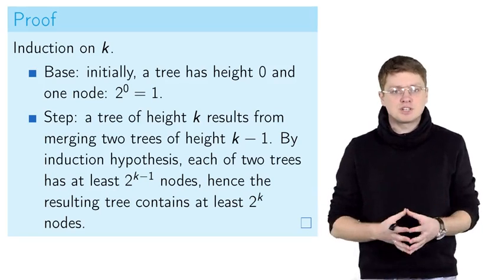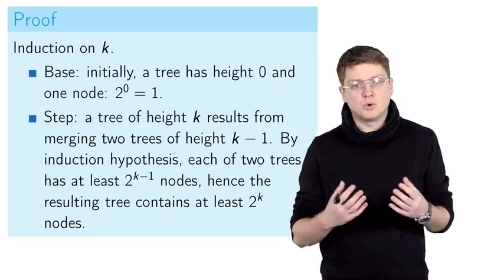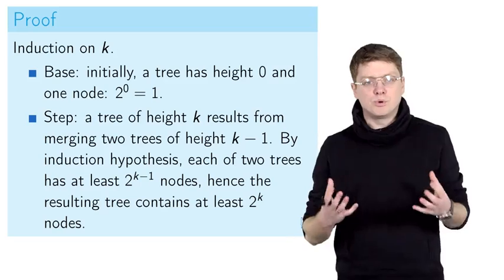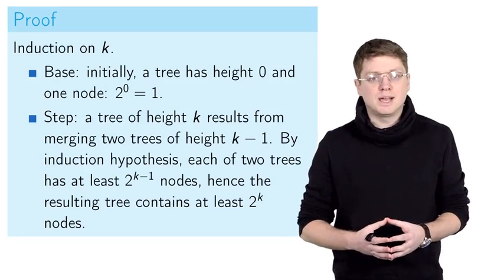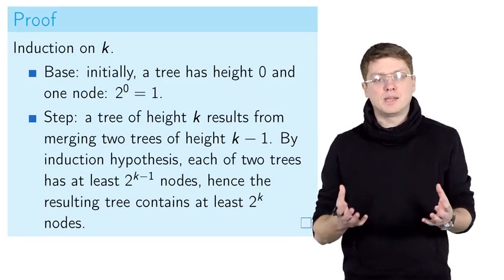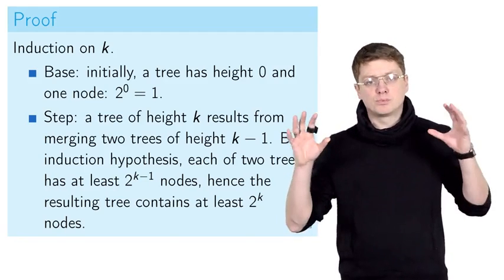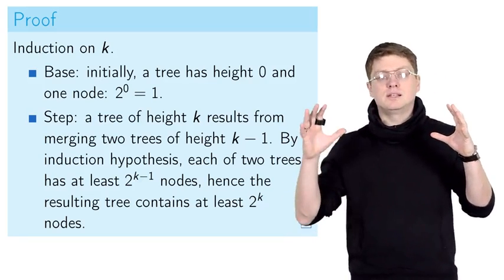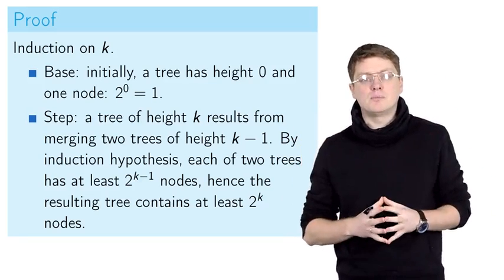Now, to prove the induction step, let's recall that the only way to get a tree of height k is to merge two trees whose height is equal to k minus 1. I mean to merge trees such that the height of the first tree is equal to k minus 1 and the height of the second tree is equal to k minus 1.